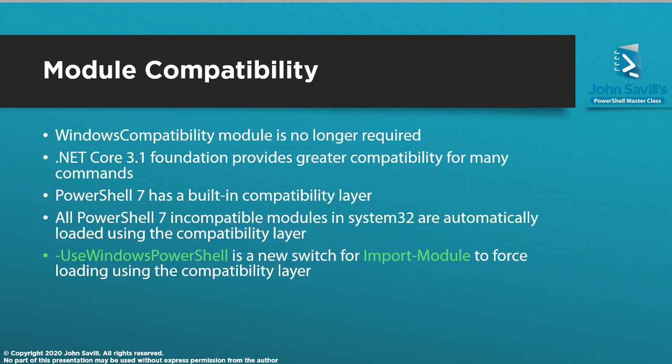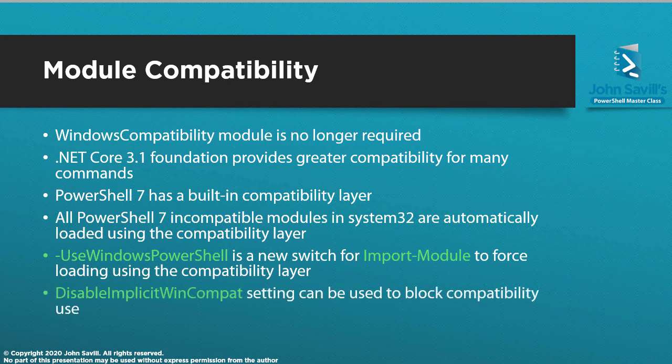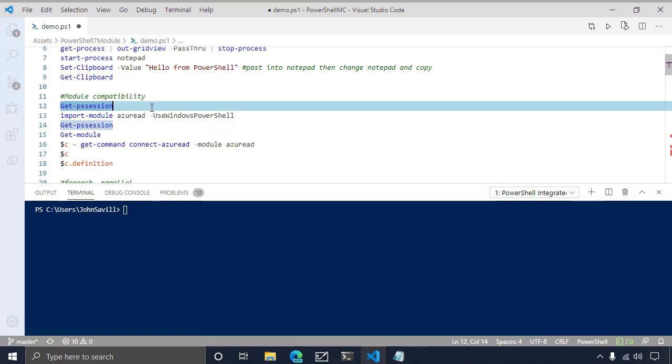So that's a new switch for Import-Module that will force it to load using the compatibility layer. If I don't want to use the Windows compatibility capability, then I have this disable implicit WinCompat setting that can be used to block that compatibility use. So let's look at if I have any PowerShell sessions. So I don't have any.